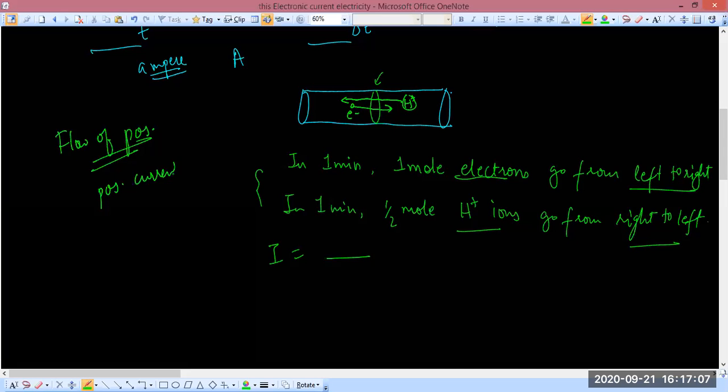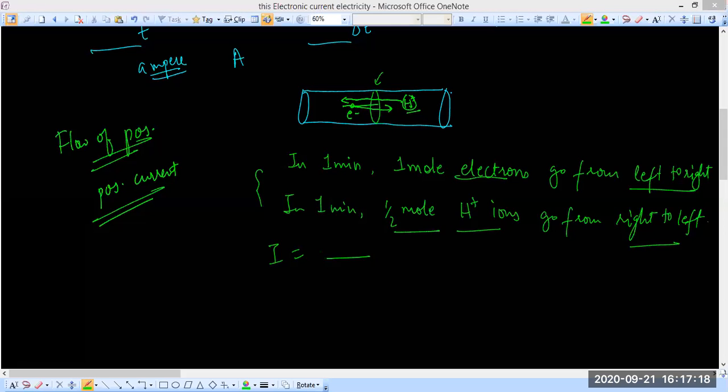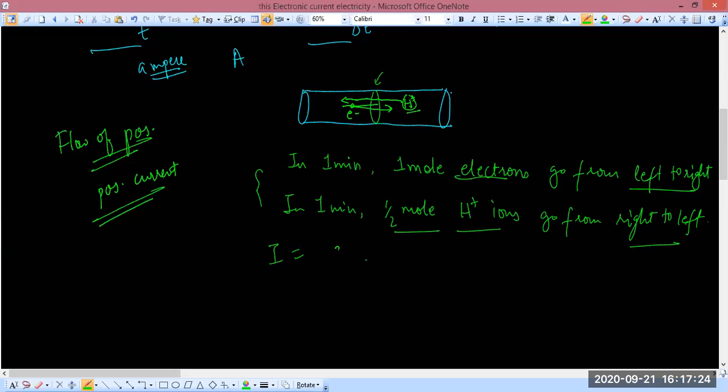So H plus ions are going from right to left. How many H plus ions? Half mole. All right, half mole is 3 into 10 raised to 23 H plus ions.